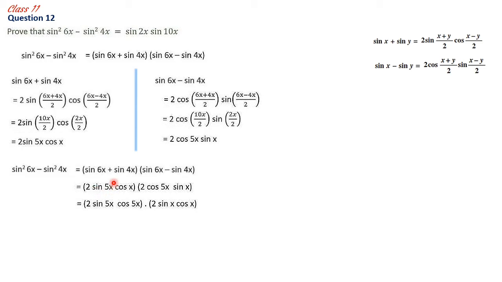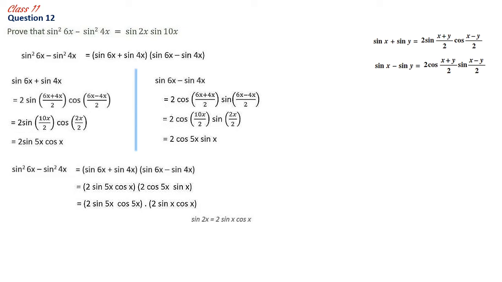Angle you have to check, here there is 5x, here there is 5x, there are 2's, so one 2 we have to take and same angles, sin 5x cos 5x grouped. Then again one more 2, and angle x, cos x and sin x. So 2 sin x cos x, then here also 2 sin 5x cos 5x.